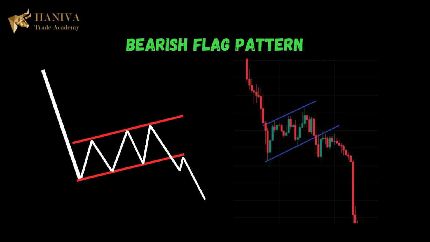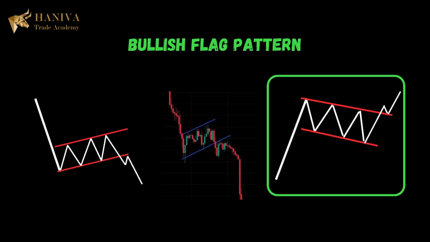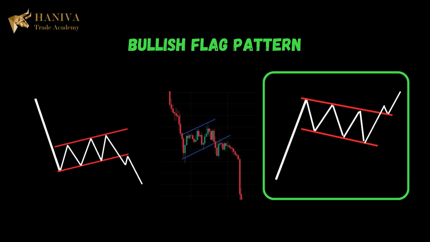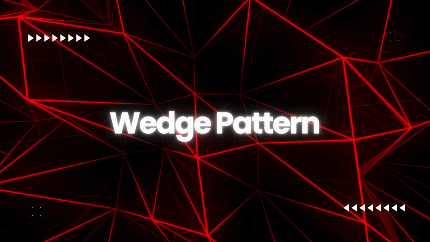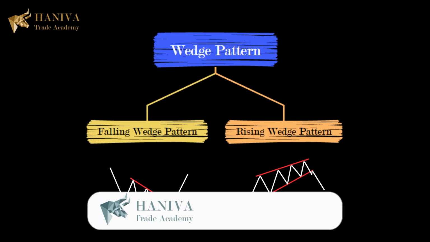When this pattern occurs, we can expect the downward trend to continue. Similarly, the opposite scenario occurs in the bullish flag pattern, and the upward trend continues after breaking out of the flag.